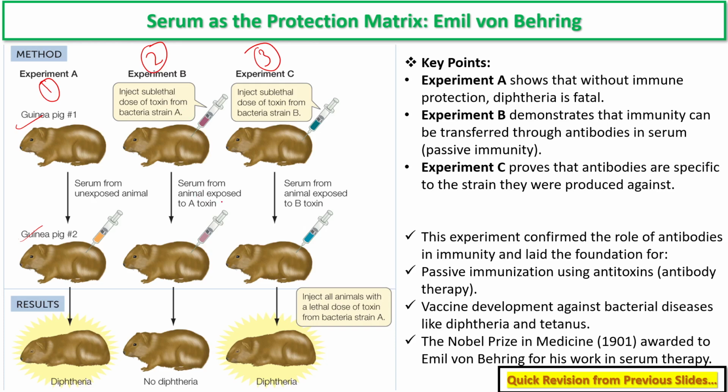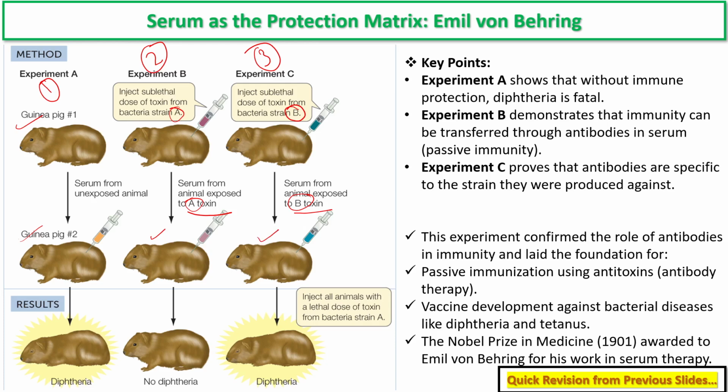Then serum from this animal exposed to toxin A was injected into guinea pig 2. In the third group, he took a sublethal dose of toxin B, took the serum from the animal exposed to toxin B, then injected it into the guinea pig.